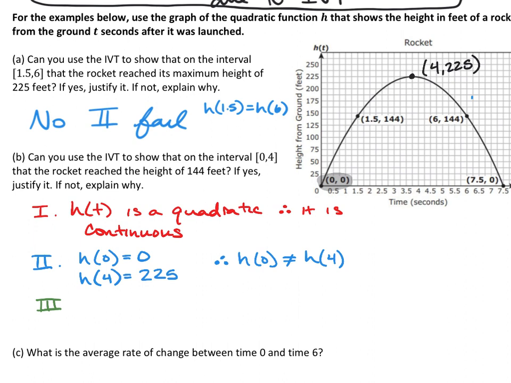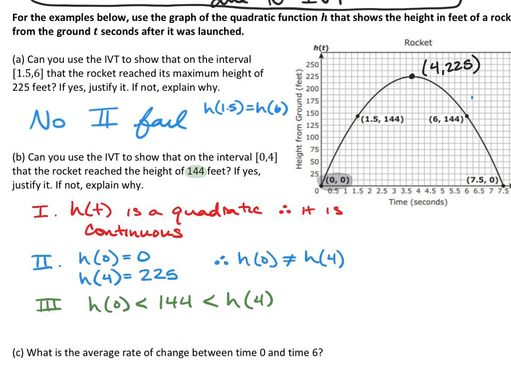And in part 3, we just need to show the number we're caring about is in between those two values, which it is, because 144 is between 0 and 225. So we say h of 0 is less than 144, which is less than h of 4. Is there a way to make an abbreviation to that one?